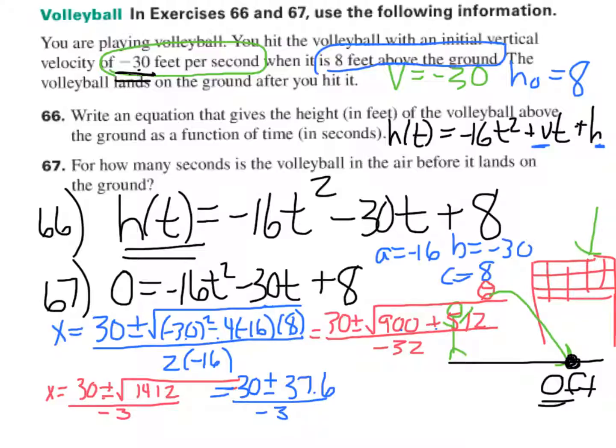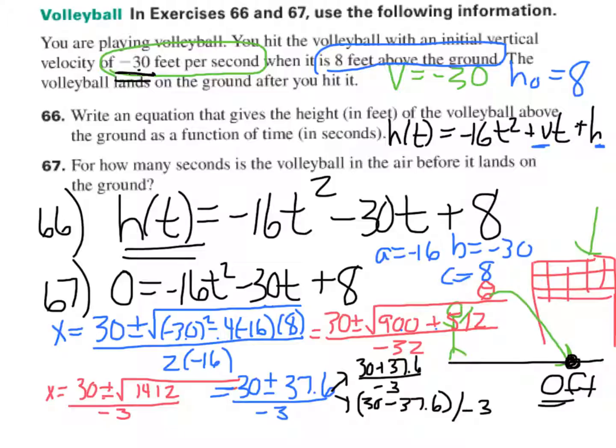Now I'm going to break this off into the two separate answers. One of them is going to be 30 plus 37.6 divided by negative 32. The other is going to be 30 minus 37.6, take that whole thing and divide it by negative 32.